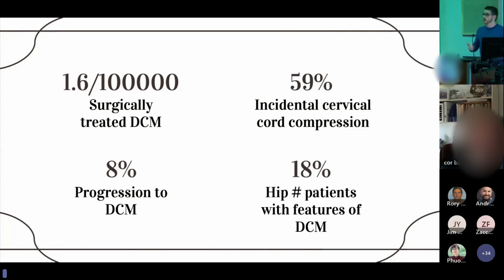Interestingly, there is one small study that had 66 patients with hip fracture and found 18% who were previously undiagnosed to have clinical findings suggestive of degenerative cervical myelopathy. Taking this collectively, essentially the true prevalence remains unknown, but it's likely higher than reported, and many patients remain undiagnosed.